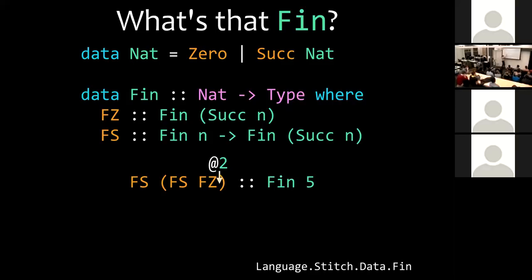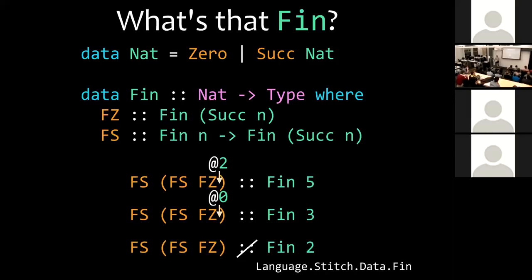So we see that every time we apply one of these F constructors, we have to increment the index to the Fin here. So I can also say that Fs of Fs of Fz has type Fin 3. And if I say that, type inference will tell us that the n at Fz should be 0, because each of these Fs increments it up to 3.